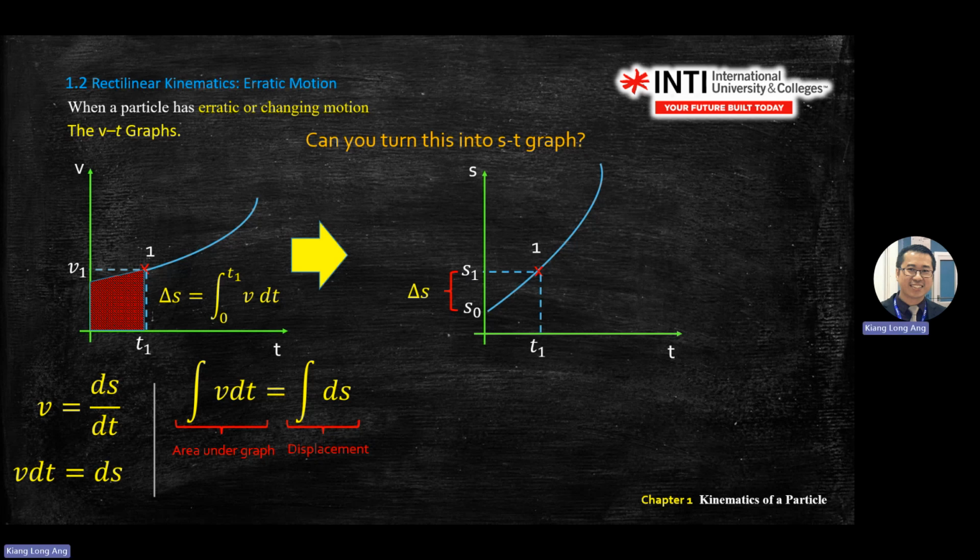So that is the main thing that I want to explain for this morning, as long as you understand. You always start with ST, VT, AT, and then follow the flow. Then if the question gives you VT and you need to do ST, what do you do? VT, you want to plot the ST graph, do you integrate or differentiate?